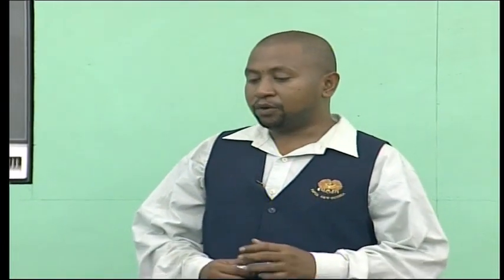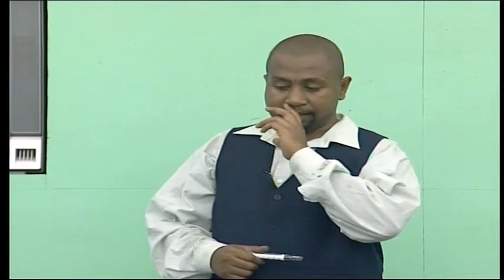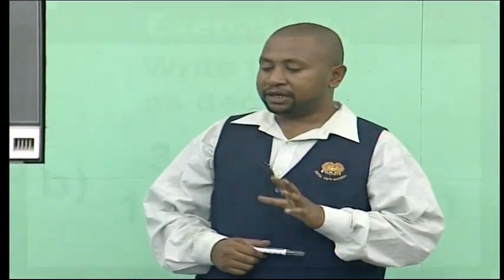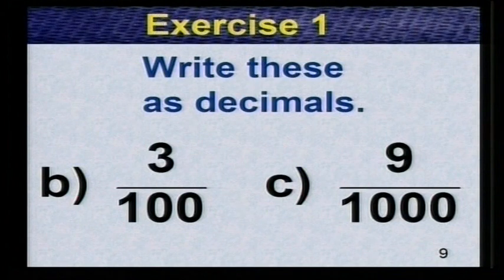let's look at some exercises. Let us work in pairs to do these exercises. We are going to do only 2 exercises. Exercise 1, it says, write this as decimals. B, 3 over 100, C, 9 over 1000.